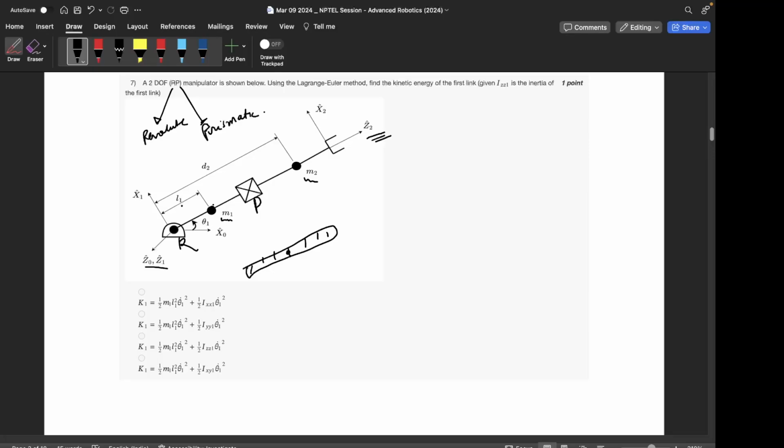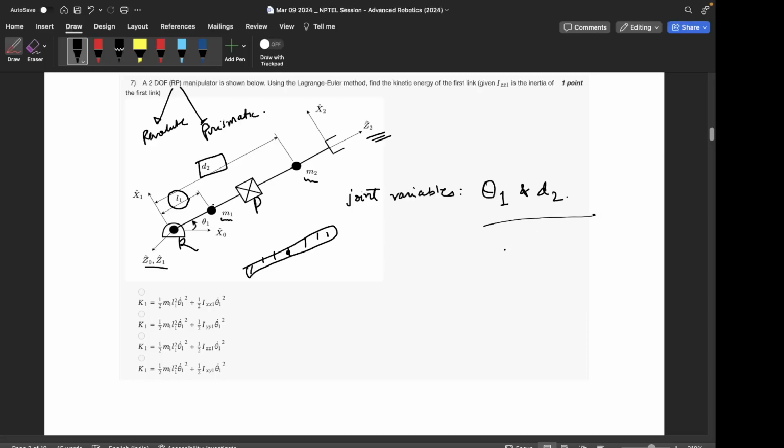This is like approximating the link as just a point mass located at the center of mass. So the link length of the first link is L1, and the joint variable for the second joint is the translation distance d2, not theta 2. So the joint variables here are theta 1 and d2.